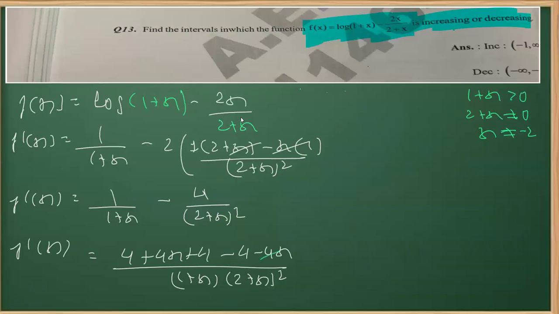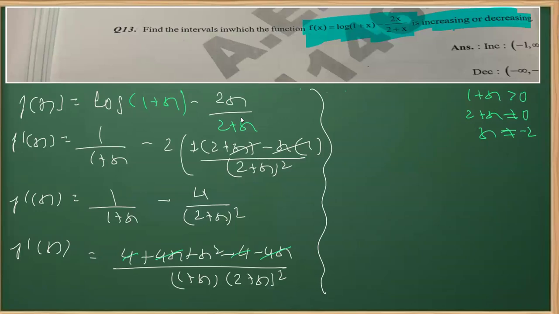Now we can see that -4x and +4x get cancelled. There is an x square, a plus b whole square, right? It was x square. Now this +4 and -4 also get cancelled.